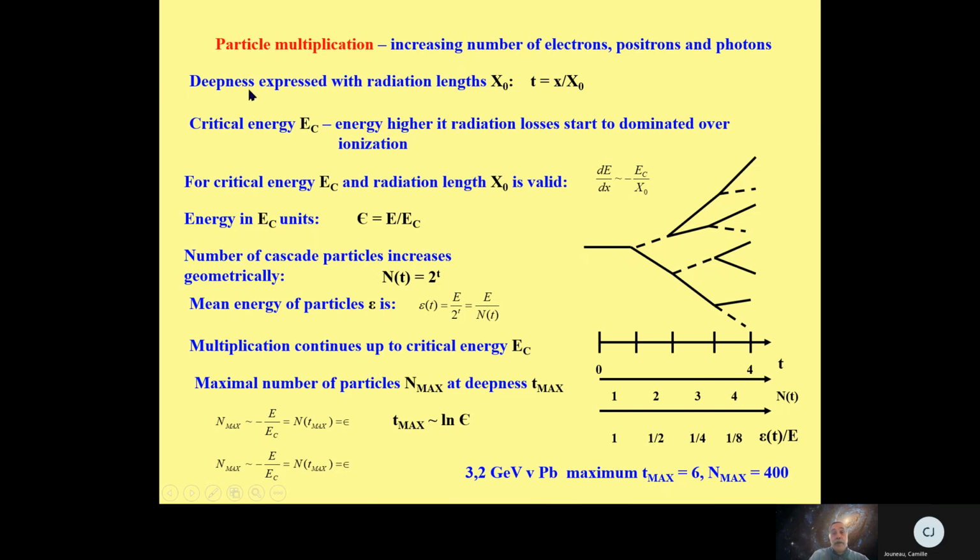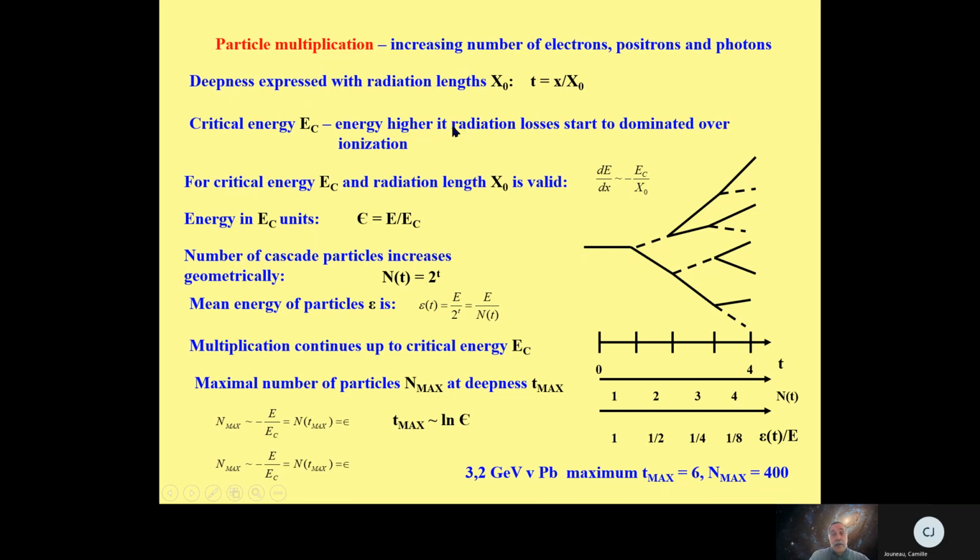The depth of the electromagnetic shower can be expressed in natural units, which in this case is the radiation length. Also a very important quantity is the critical energy.